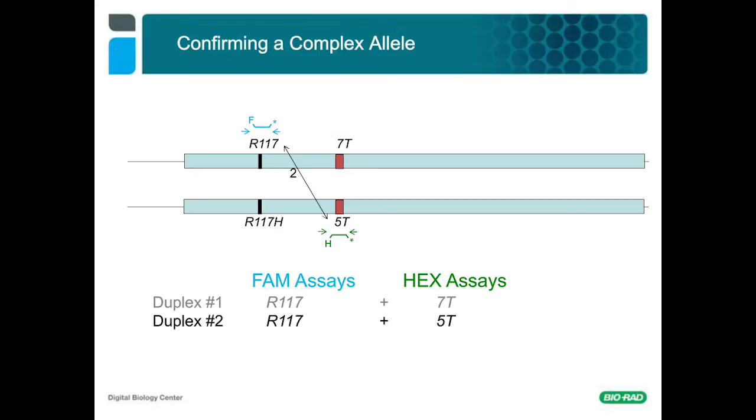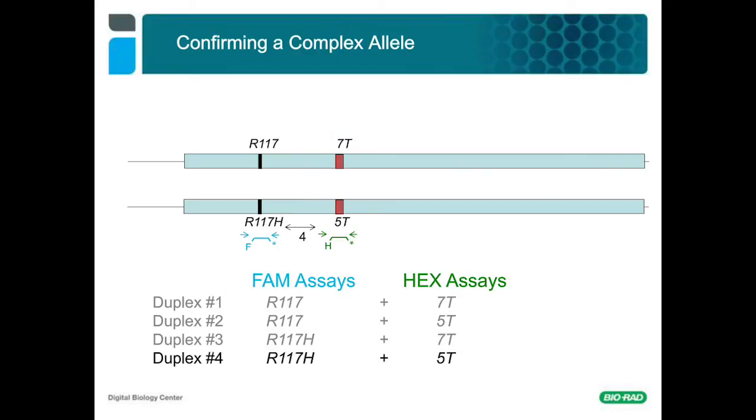The second duplex would be comprised of assays specific to the arginine residue at the 117 locus and the 5T variant. The third duplex would be comprised of assays specific to the histidine residue at 117 and the 7T allele. And the last duplex would include assays for the histidine residue at the 117 locus and the 5T variant.